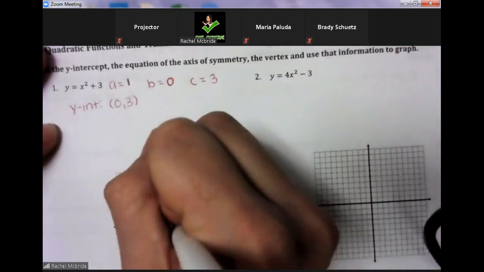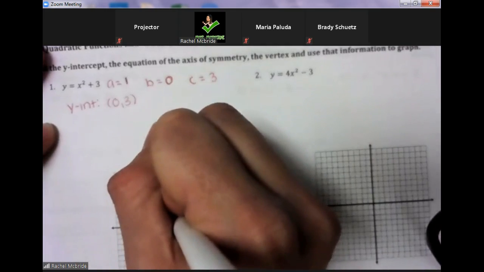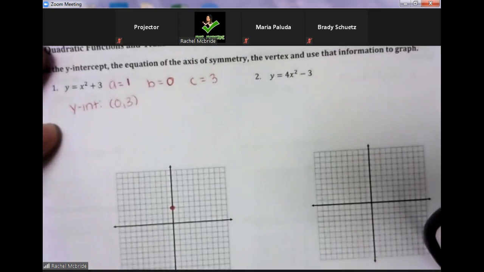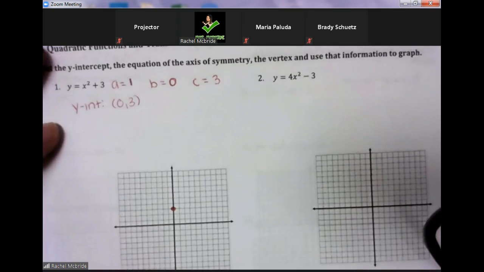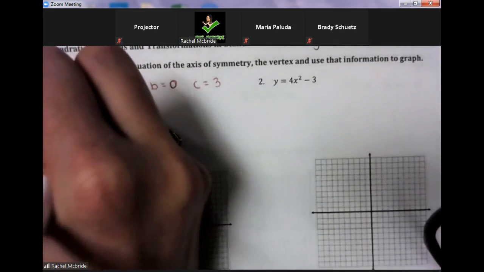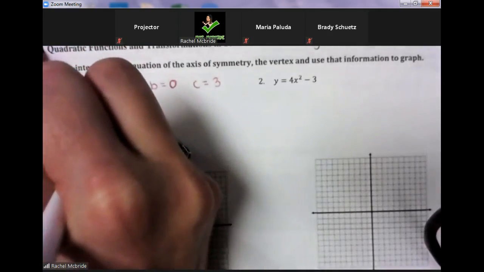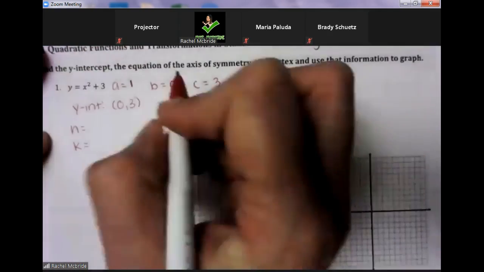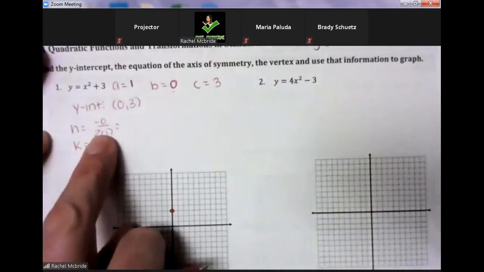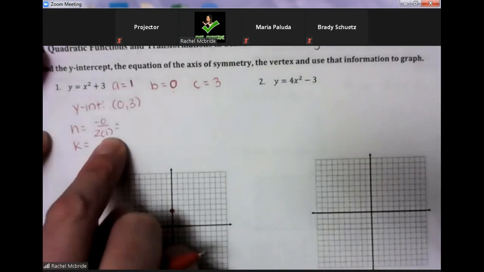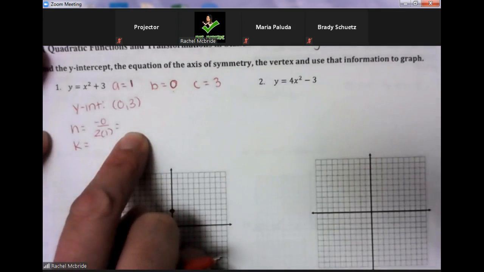That also tells me on my graph, I'm guaranteed the point (0, 3). That point's not my vertex, though. It's just a point I'm guaranteed on my graph. Then I need to find H and K. So H is negative B, which is 0, divided by 2A. Well, anything with 0 in division is 0.